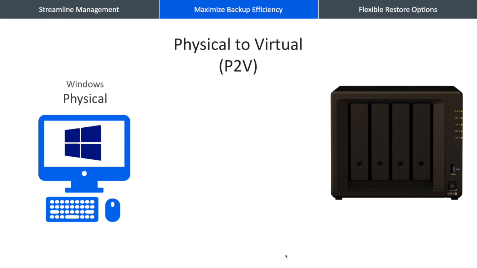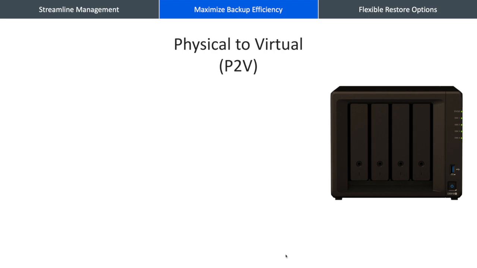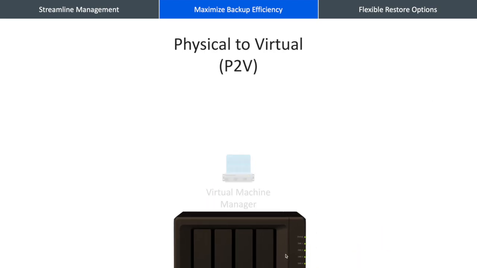However, you are backing up your Windows images from that using Active Backup directly to your Synology NAS. You can then take these Windows images that you've been backing up and use our Virtual Machine Manager package to then power that PC that you had in a virtualized environment and have that up and running, good to go directly where you left off and where the last backup was.